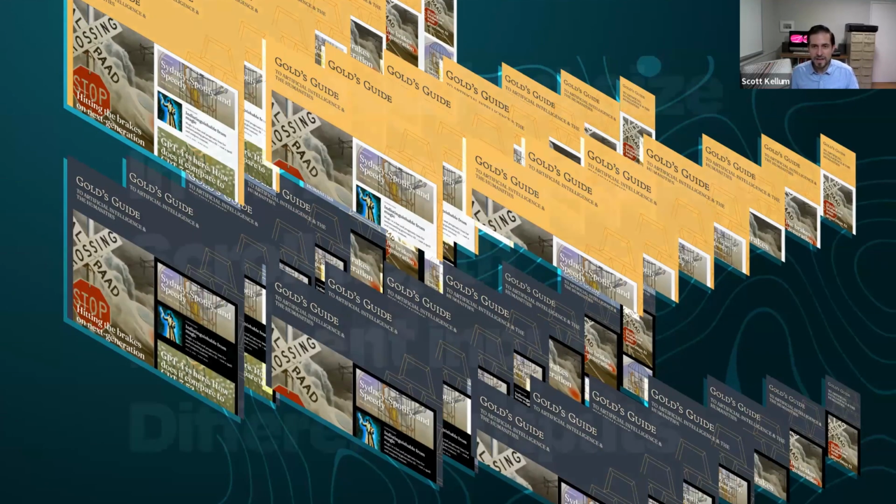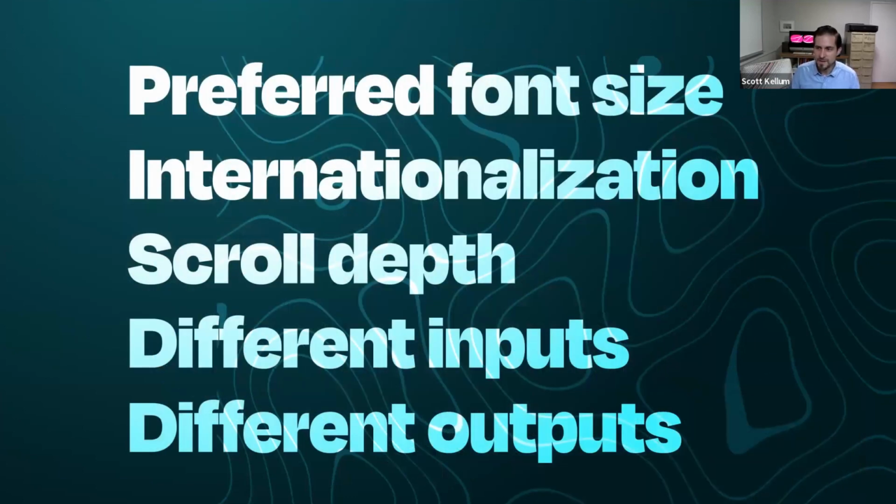And all of these factors go into our website, making it a multidimensional, multifaceted object that we only see through the lens of a particular viewport that it is rendered on. So preferred font size, internationalization, scroll depth, different inputs, different outputs, different content, all of these different things change what we see when we render a website onto our page.